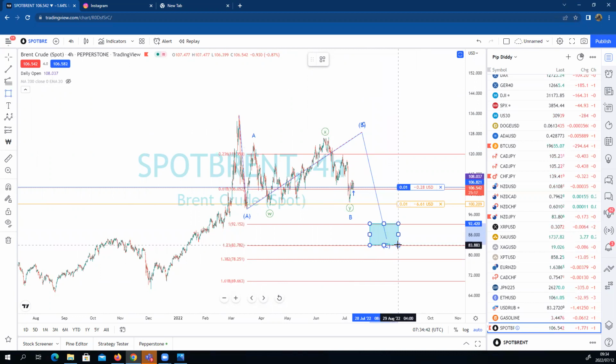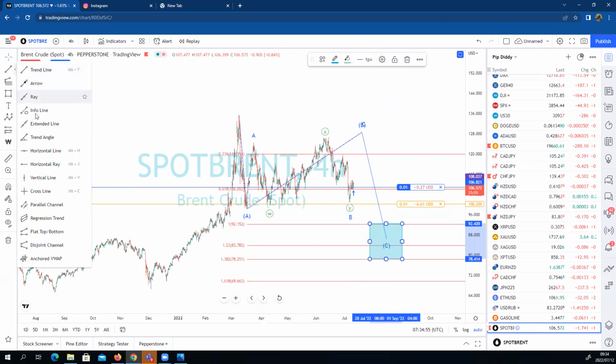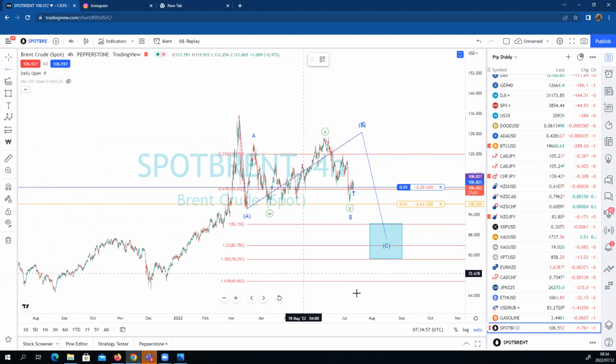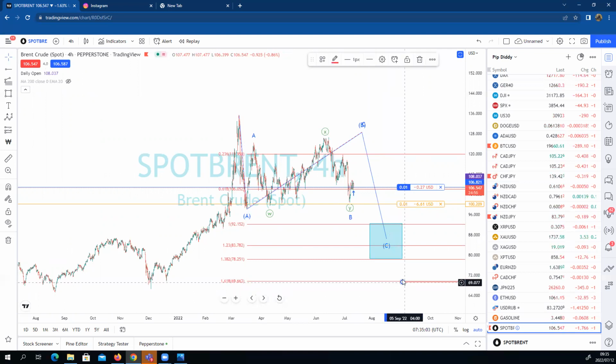But also remember, the market can even come and test the 1.382%. But in any case, it should not go beyond the 1.618%. This level here is a critical level.